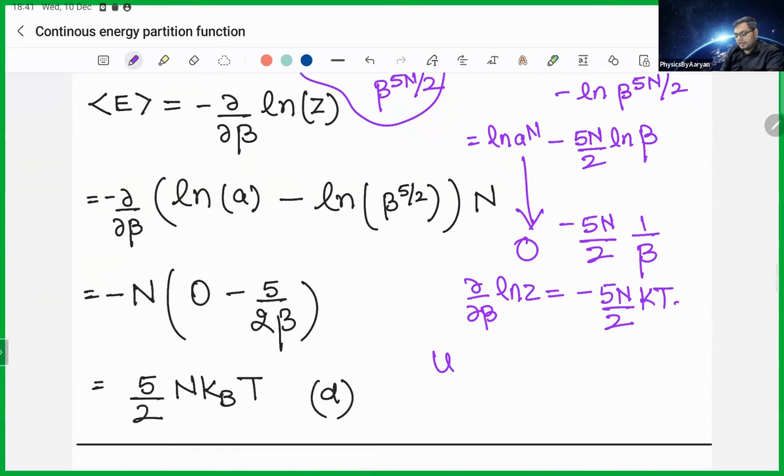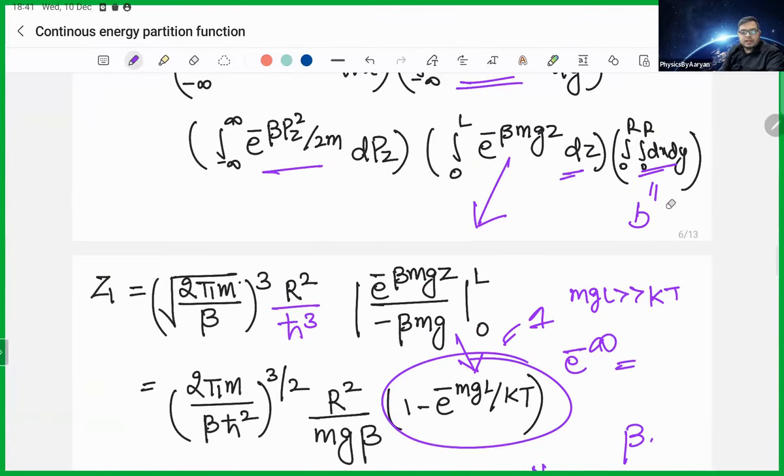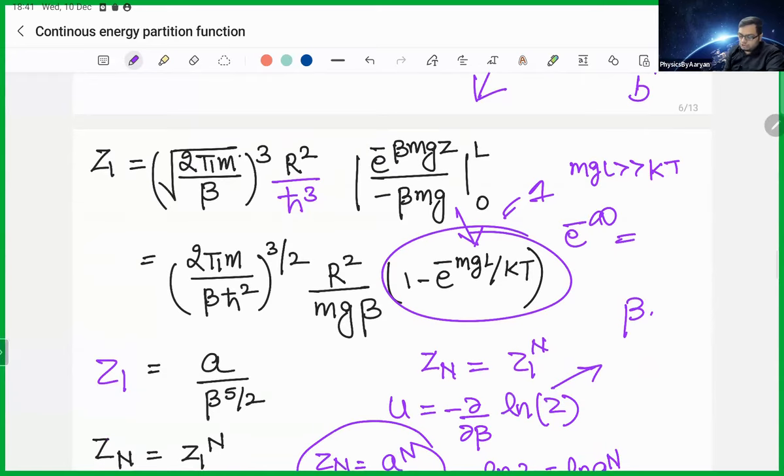Now what is your average energy? Average energy is minus of curly by curly beta into log of z. तो minus अगर इसके साथ लगा देंगे तो you will get 5n by 2 into kBT. Done question? So that is why I was not too much worried about कि इसका आंसर क्या आ रहा है, because whatever the answer is coming, that is going to get hidden in this a.